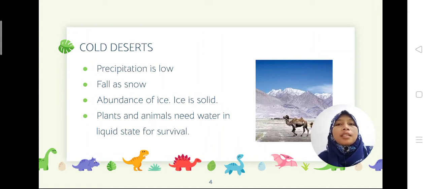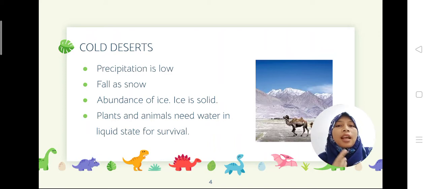Like the hot desert, cold deserts have little vegetation and also little water. Precipitation is low, and in cold deserts it generally falls as snow. And there is a lack of liquid water, because these areas can have an abundance of ice, and ice is a solid, right? The problem is when the water is solid, it's hard for plants and animals to survive because plants and animals need water in its liquid state.